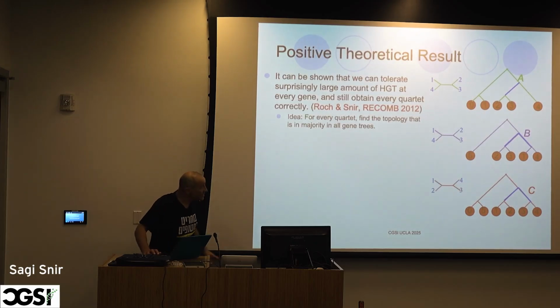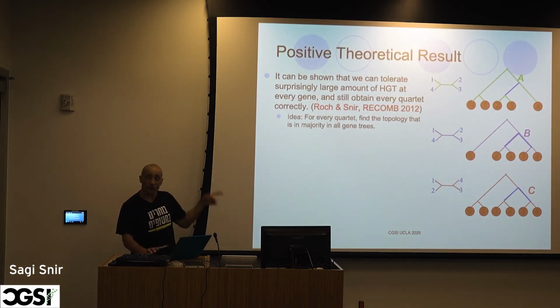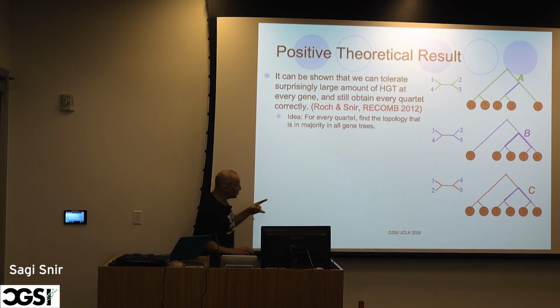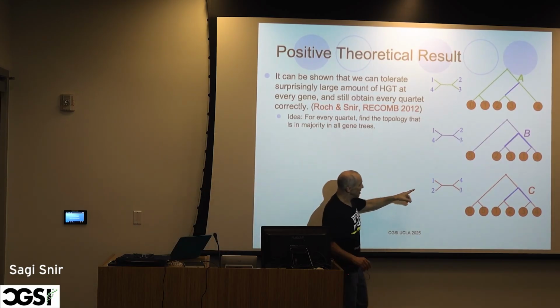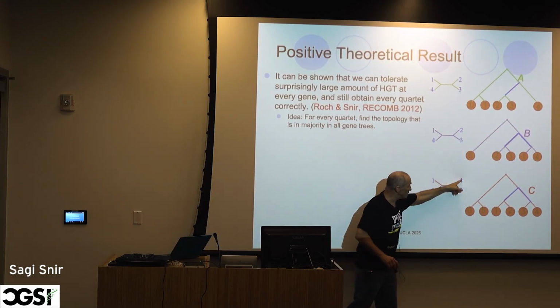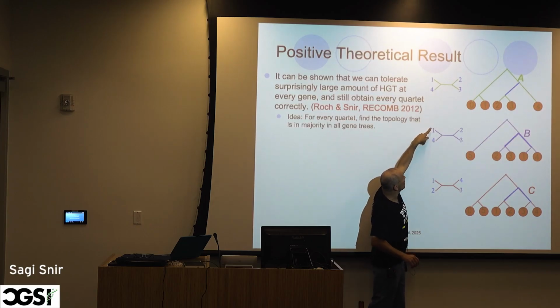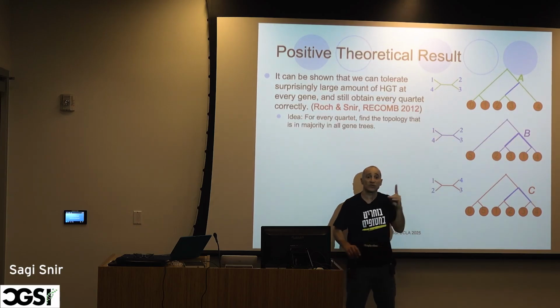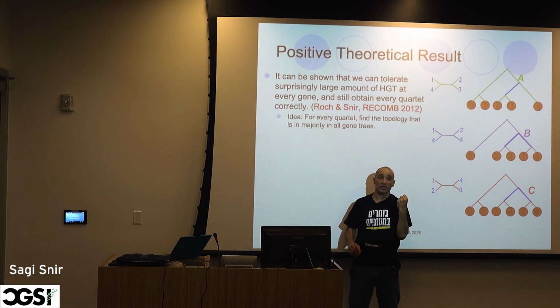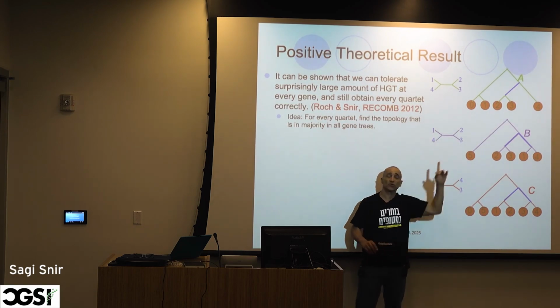So the quartet that is in majority, or the topology that is in majority among 1, 2, 3, and 4 is this one, 1, 4 versus 2 and 3. So we take that quartet, 1, 4 versus 2 and 3.